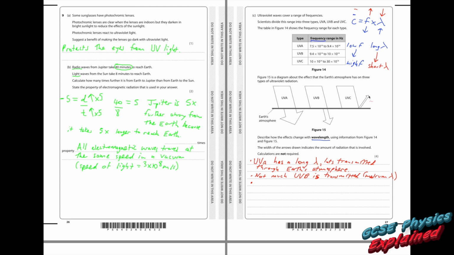And we've actually got a little bit getting reflected. And that's the short wavelength. So lots are getting absorbed of the UVC and some is actually being reflected. Now it's worth 4 marks. If I didn't get 4 marks for that, I could also write in the shorter the wavelength, the less is transmitted.